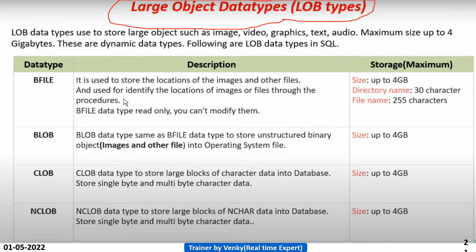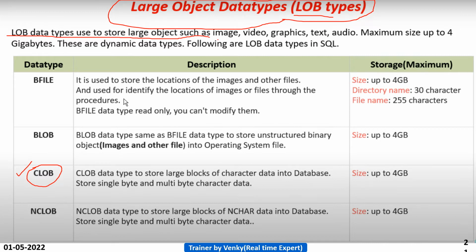If you want to insert more than 4000 bytes, then you have to use another data type, right? Those data types come under LOB data types, large object data types. CLOB is the character large object. LOB data types are used to store large objects.